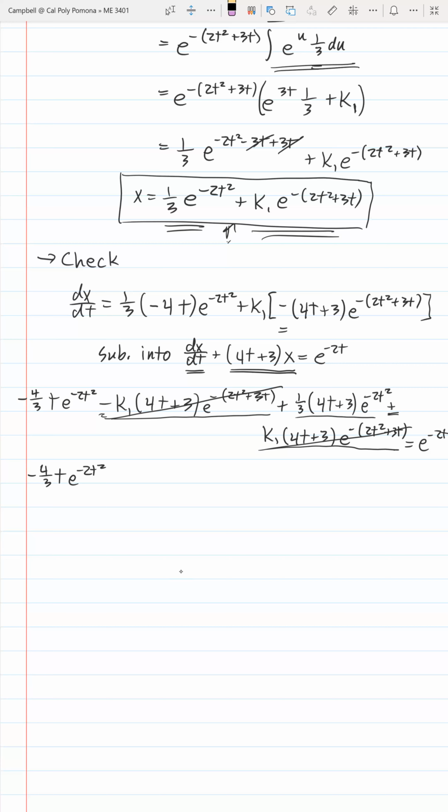Distributing everything out here, we get a positive 4/3 t times e to the negative 2t squared plus a 1/3 times 3. Well, that's just going to give me a 1. So that's going to be e to the negative 2t squared. And we're hoping that that's equal to e to the negative 2t squared.